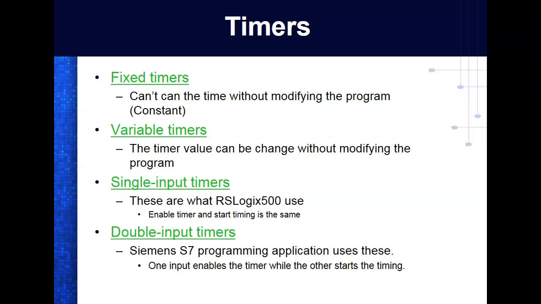This is a number that the only way you can change it is if you change the program. We call those constants. A variable is a number that you can change without changing the program. So you can change it while the program's running.